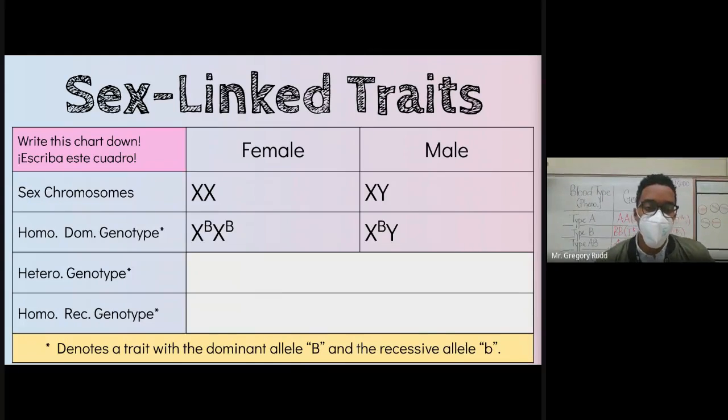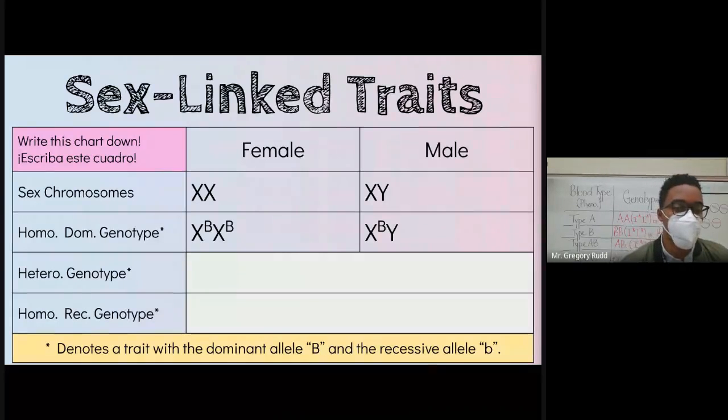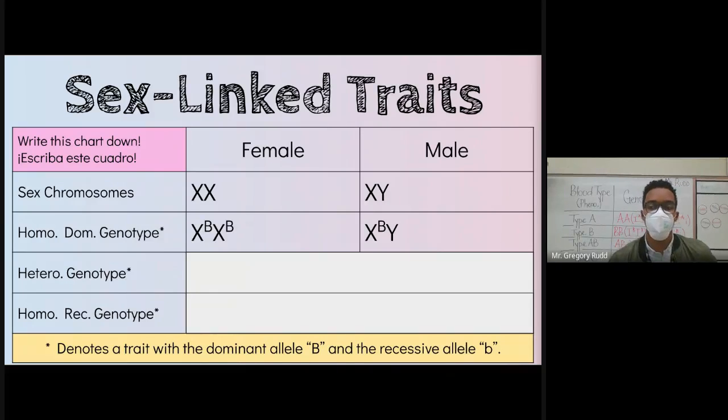So based on that, what do we think the heterozygous genotype will look like for females? That will be one of them. And it's heterozygous, so what does hetero mean?